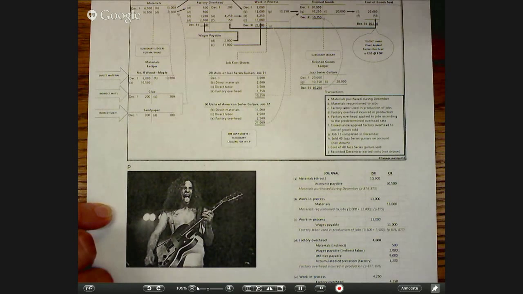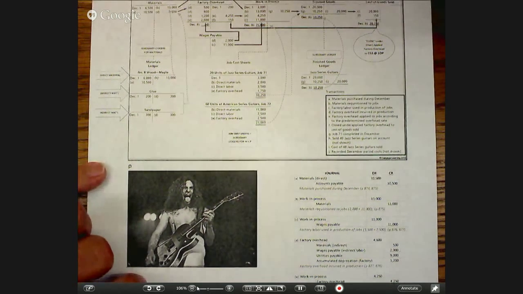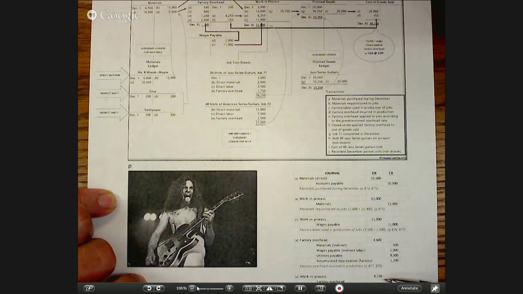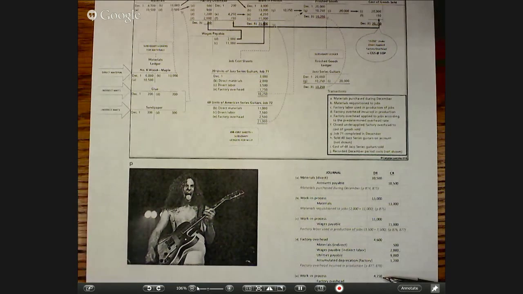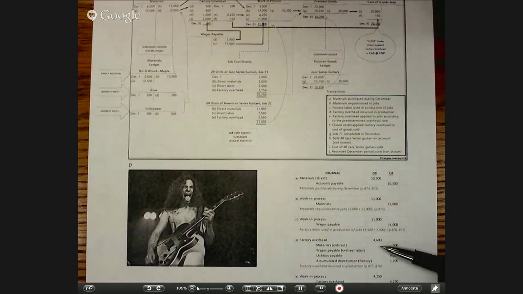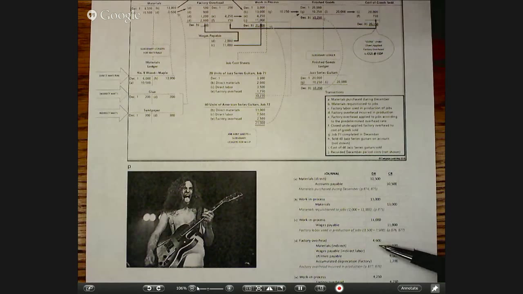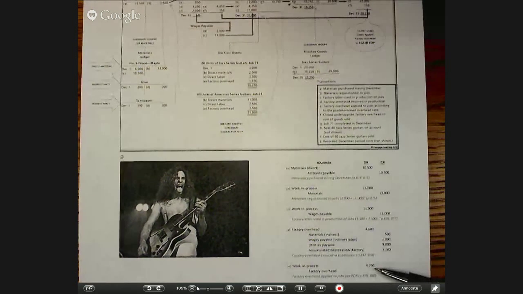Okay, now, next item is that certain of these guitars were finished during the month. I apologize. Next what we want to do is to apply this overhead to the work in process account. Even though the company incurred $4,600, how much of the overhead would be applied?